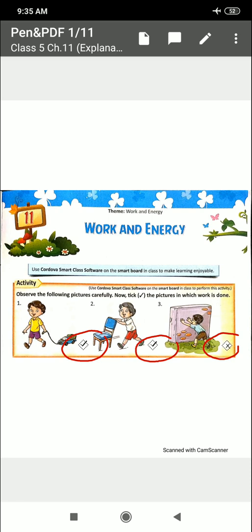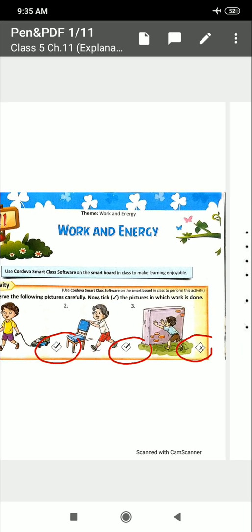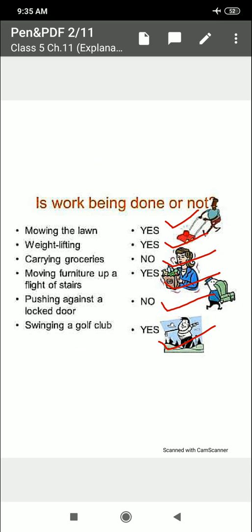But in the third situation, work is not done, because the object does not move from its place. In the same way I have shown you more examples of work being done or not.